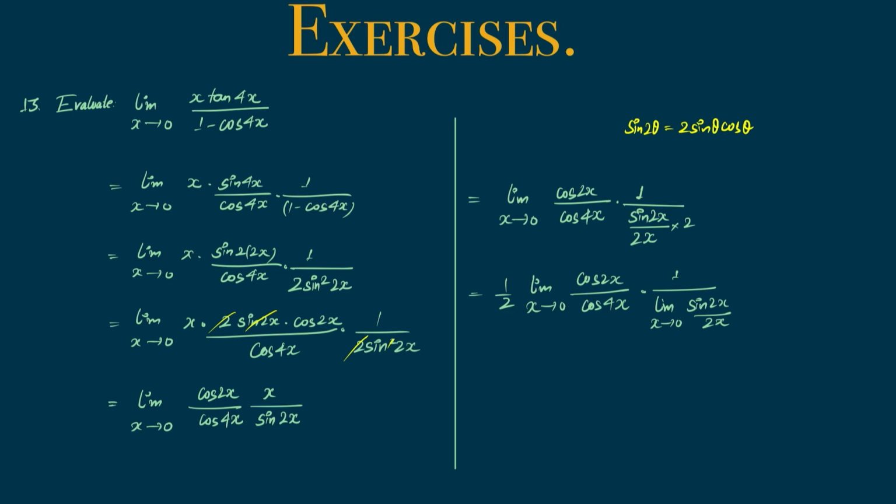As you can see, this is clearly 1, so this whole expression is going to be 1. And in this portion, let me put the value of x directly in cos, because it will become cos 0 by cos 0, and cos 0 is always 1. So it will be 1 by 2 into 1 by 1 into 1 by 1. So my final answer for this question is 1 by 2.